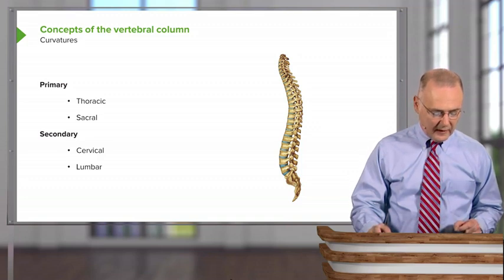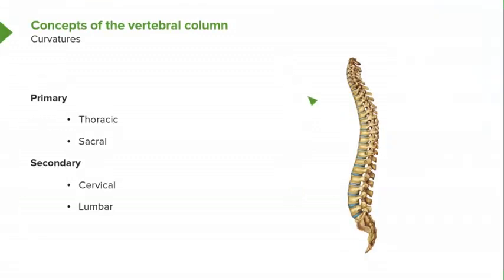The first is the thoracic curvature that we see in through this area. Anterior is to our left, posterior is to our right in this lateral view. And if you look at it anteriorly, you will note that the thoracic primary curvature is concave. The other primary curvature is the sacral curvature, and it too is concave.